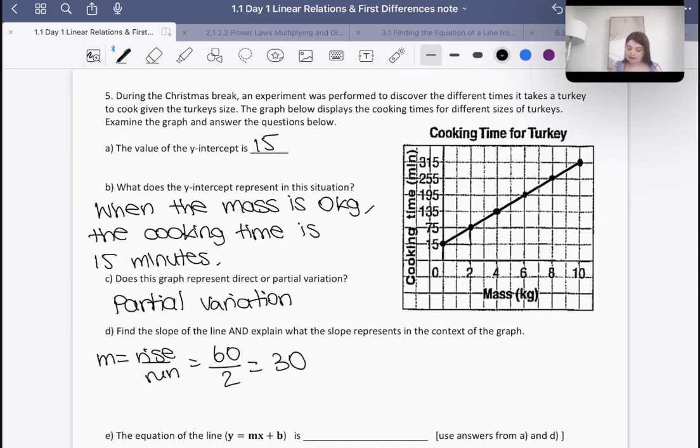Now it asks us to say, well, what does it represent in the situation? Basically, it represents the amount of cooking time per kilogram.